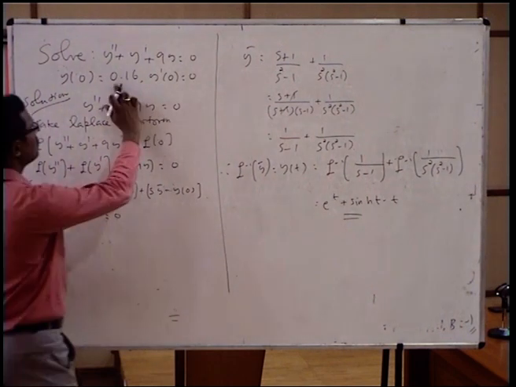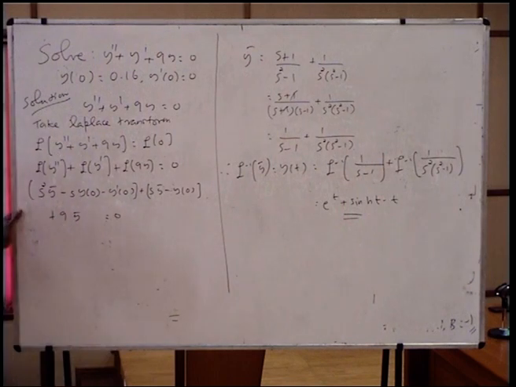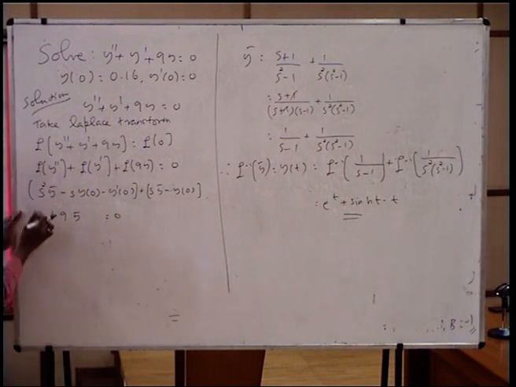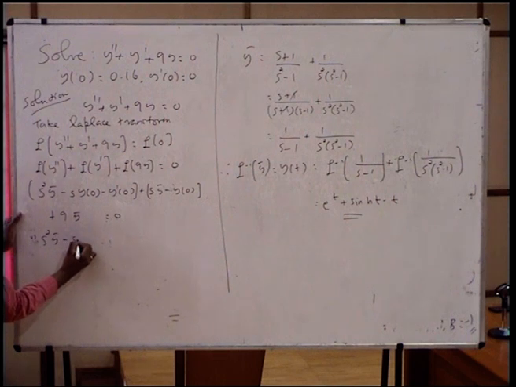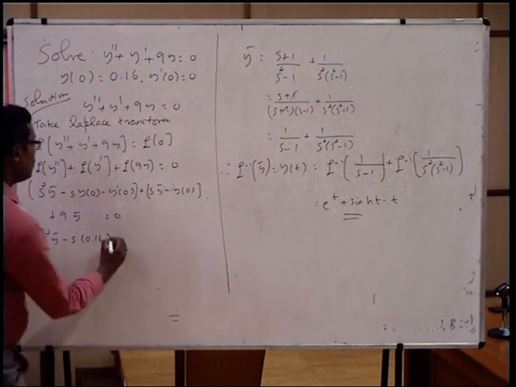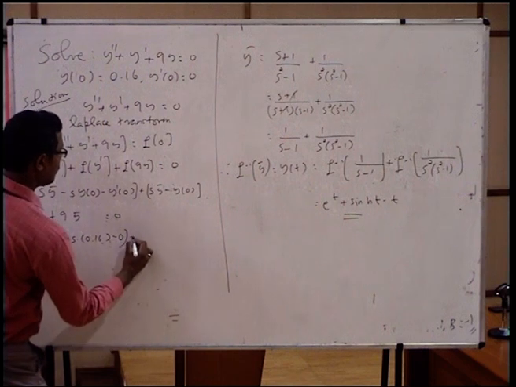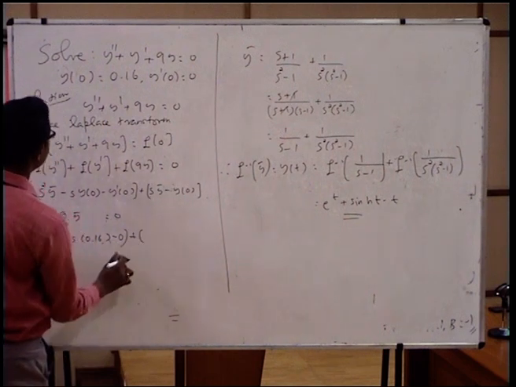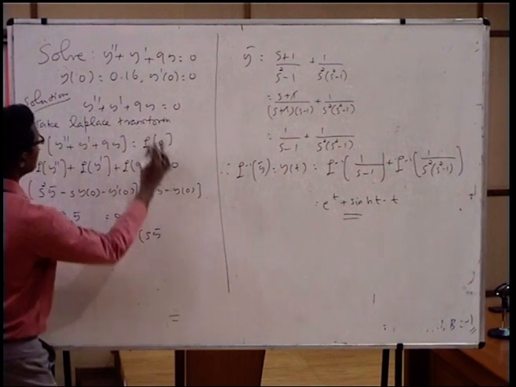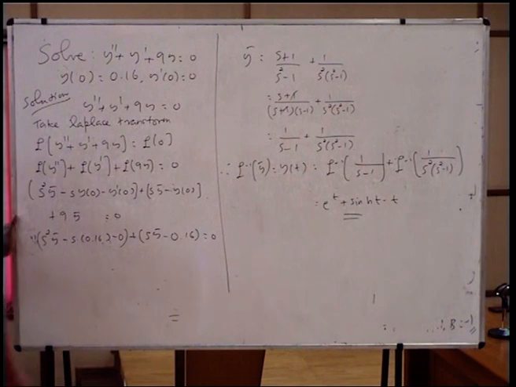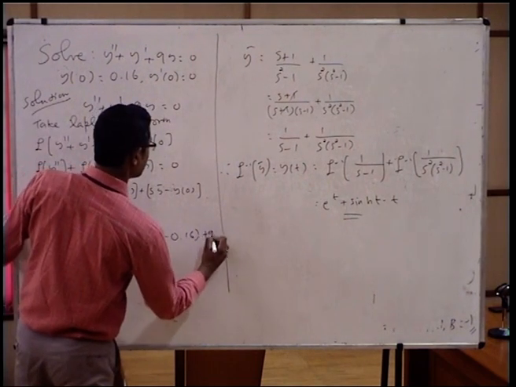Now substitute the initial conditions given. So y of 0 is 0.16 and y dash 0 is 0. So this equation implies that s square y bar minus s into 0.16, minus y dash 0, which is 0, plus s into y bar minus y of 0, which is 0.16, equal to 0, plus 9y bar equal to 0.